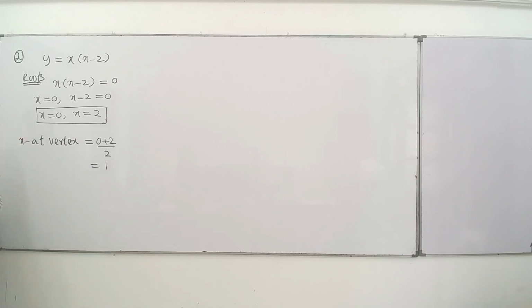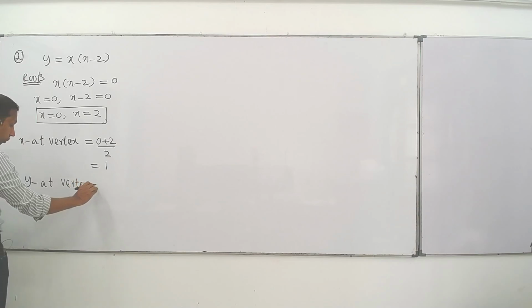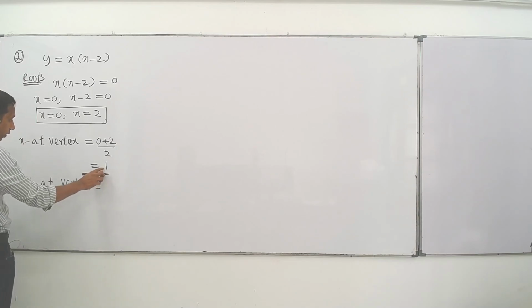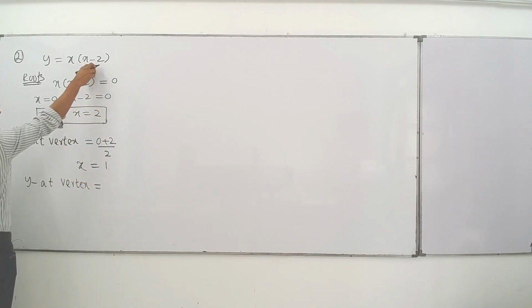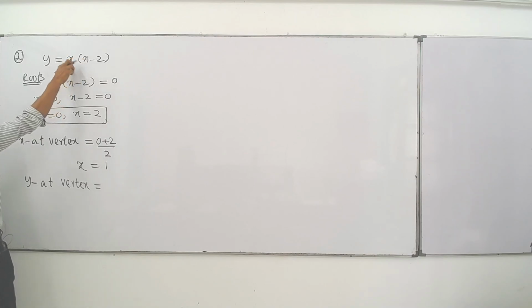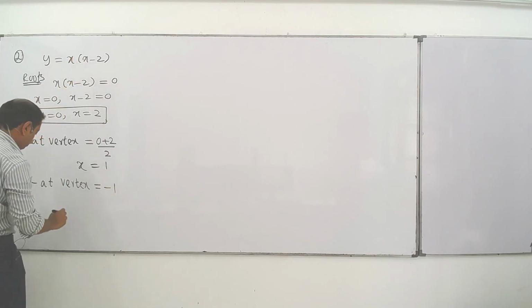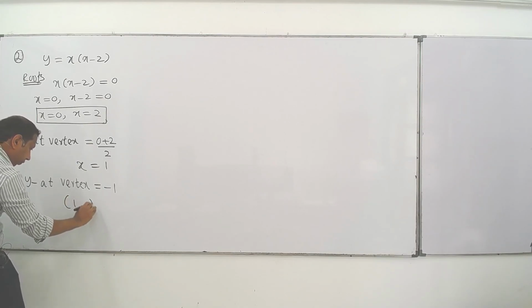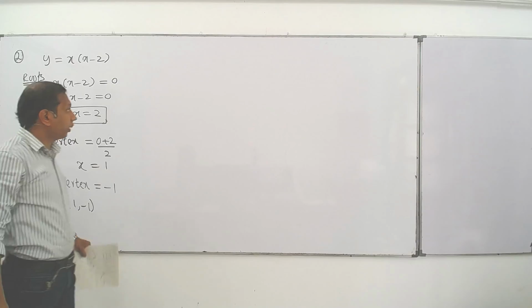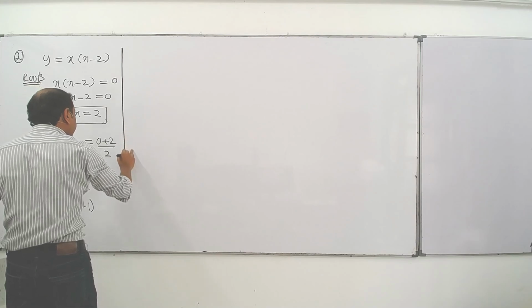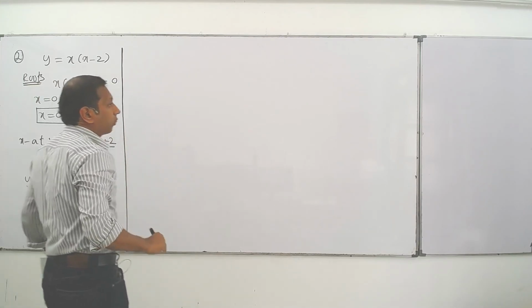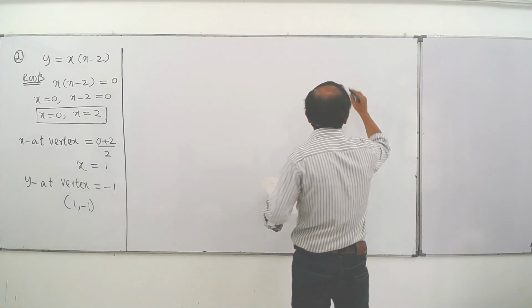The y coordinate at the vertex we can obtain: the x coordinate at the vertex is 1, put that here. 1 minus 2 is minus 1, into plus 1, is minus 1. Then the vertex is (1, minus 1). Then we can sketch the graph. This way we can sketch the graph.